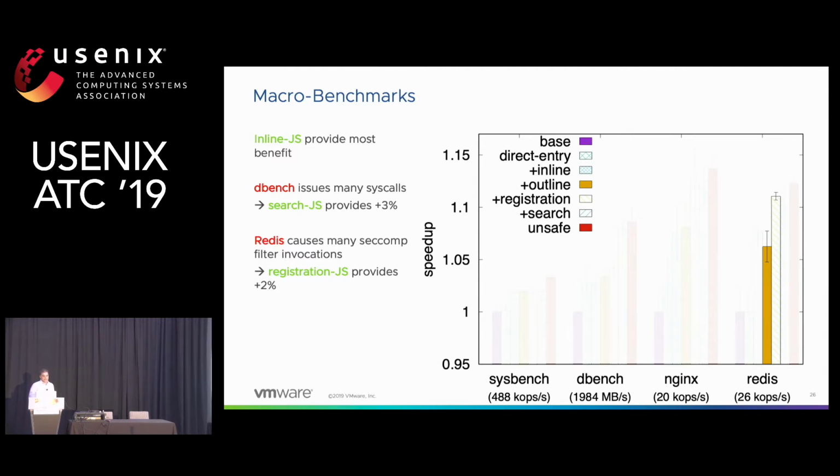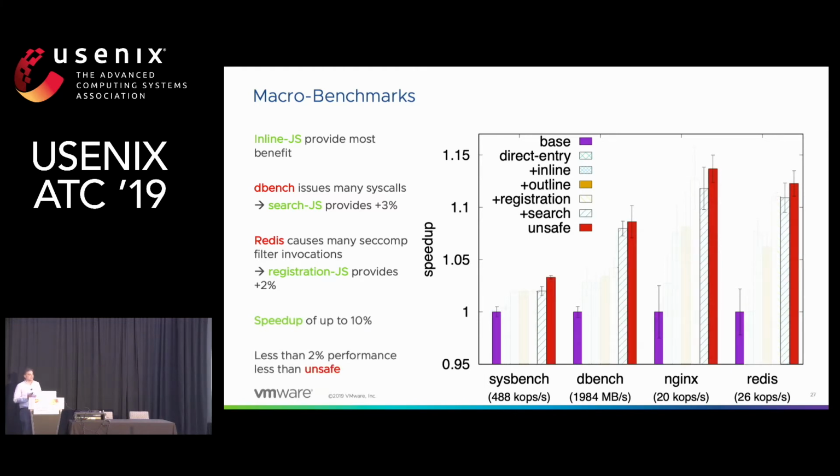In the case of Redis, we saw that 17 filters are invoked whenever you run Redis on our Ubuntu system. So the registration jump switch provides us a 2% performance improvement as well.